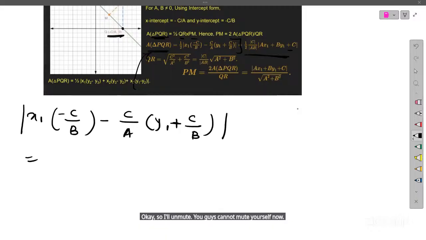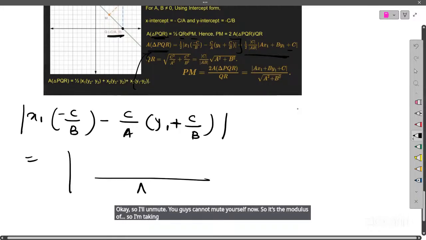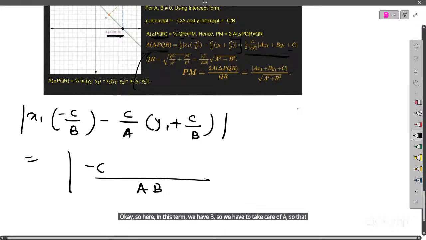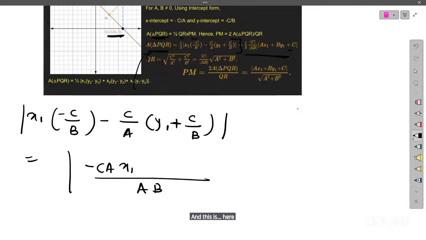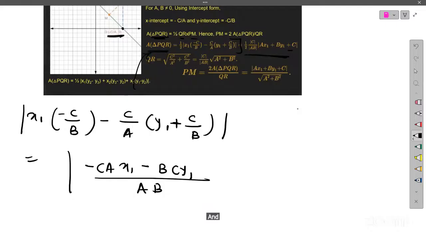So, it's the modulus of, and I am taking the LCM. So the LCM will be AB. Here in this term we have B, so we have to take care of A. So that means this is minus CA of x1. And here we have A in this term, but we don't have B, so we have to take minus BC of y1. And here plus and minus will give -1.